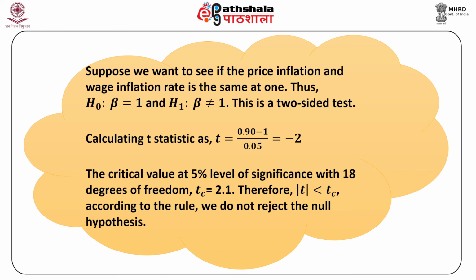According to the rule, we do not reject the null hypothesis in this case. The estimated parameter has a coefficient less than the hypothesized value, but according to our test conclusion, the difference is not significant. A two-sided test does not reject the null hypothesis.